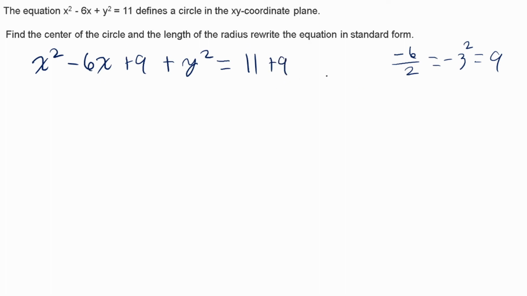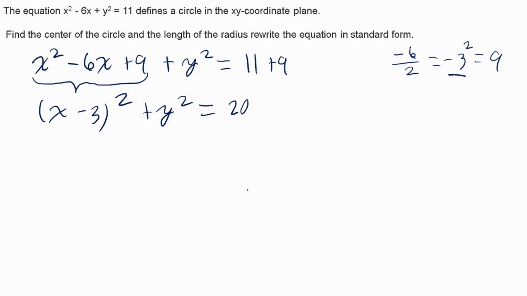So now we could rewrite this and simplify a little bit. This chunk here will factor, and we're going to get x minus 3 squared plus y squared equals 20.